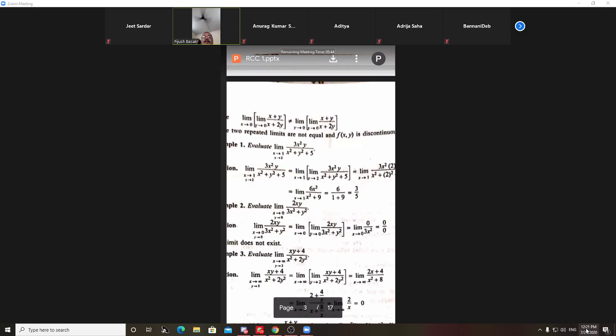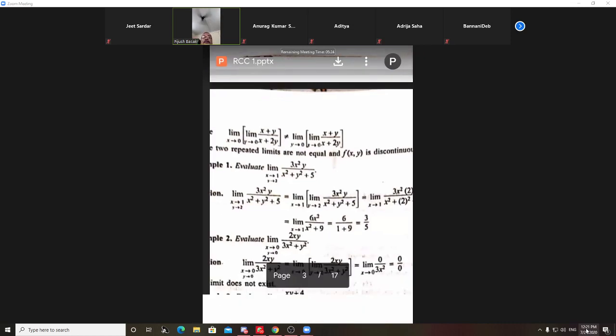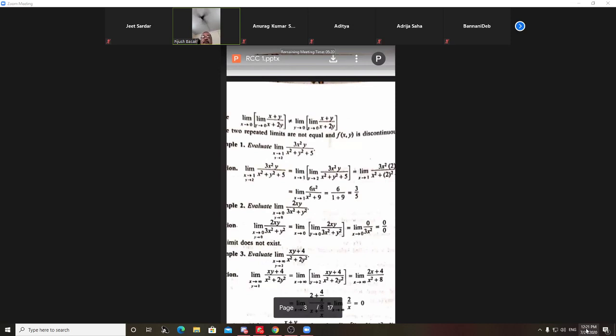That value is 3 by 5. See, this is the evaluation of this limit, x tends to 1, y tends to 2. First you substitute y tends to 2, that is, y is equal to 2.